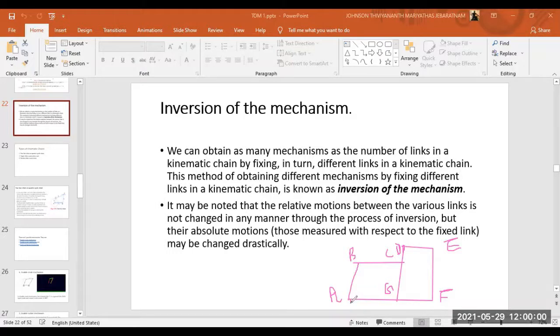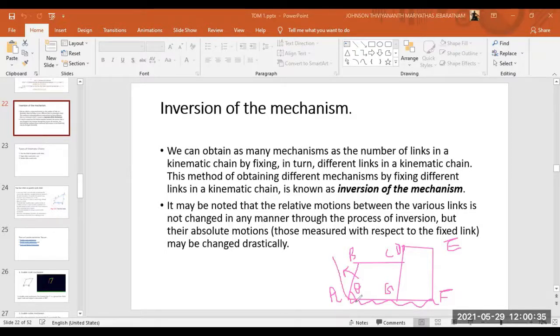Say, for example, I fix this link and I am going to talk about the motion of AB. So I will talk based on the link AF. If AF is fixed, then I can say AB has moved an angle theta relative to AF.